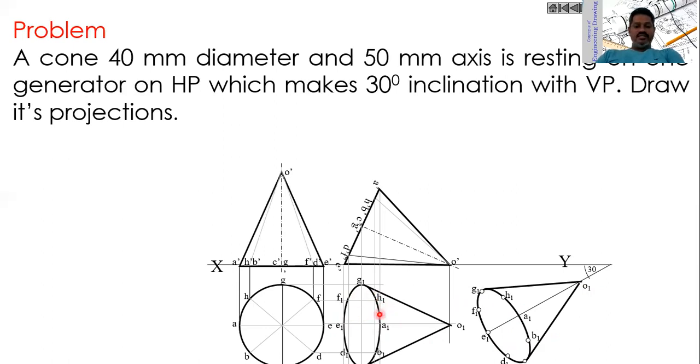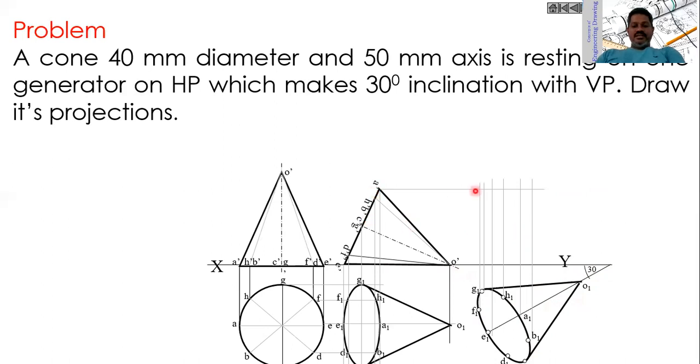Name all those points as we have done in the case of the first condition, that is when one of the generators is lying on HP. Then the next thing is that we have to draw the front view of the cone when it is making an angle of 30 degrees with the vertical. Then draw the vertical lines upwards like this from all the generator points, and similarly from O1 also.